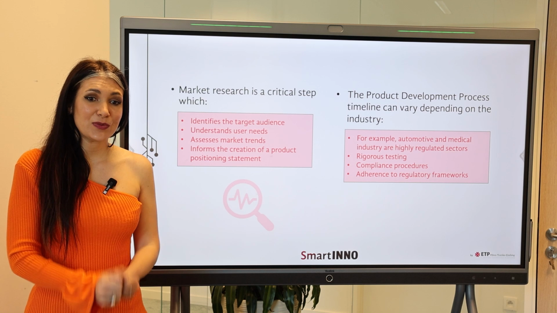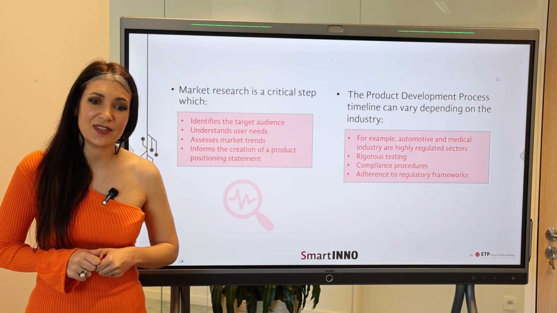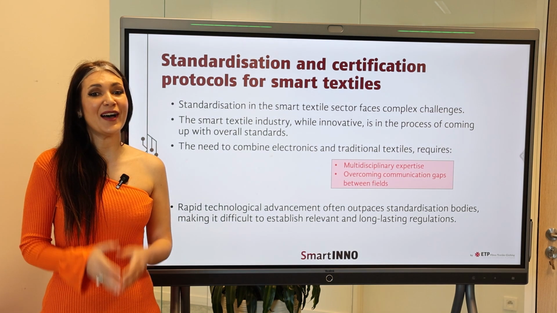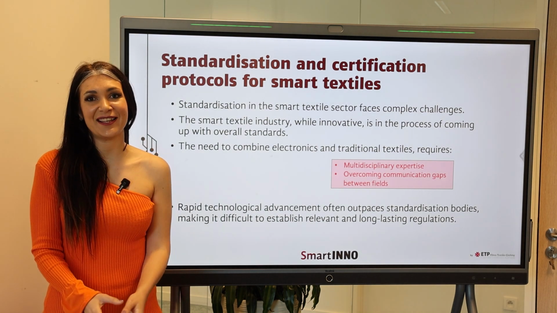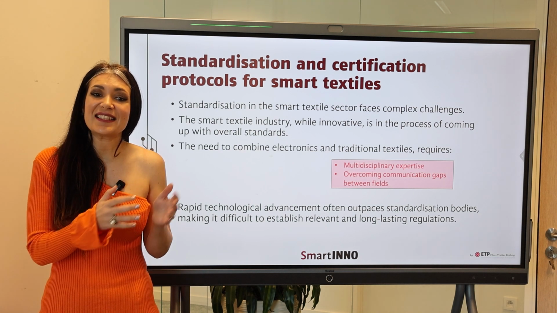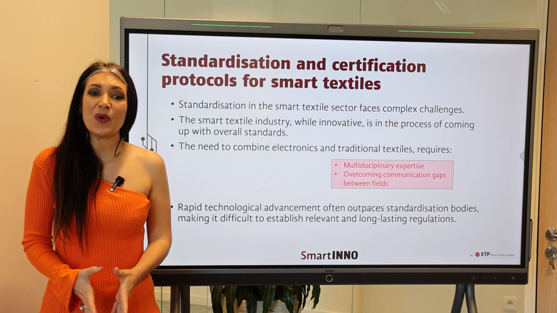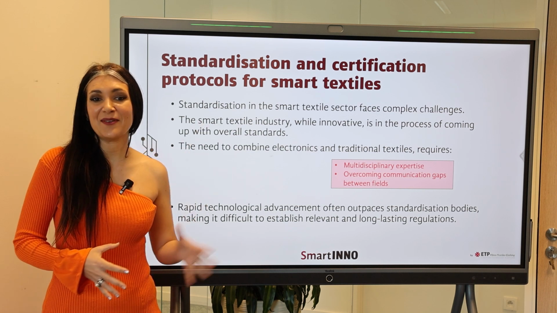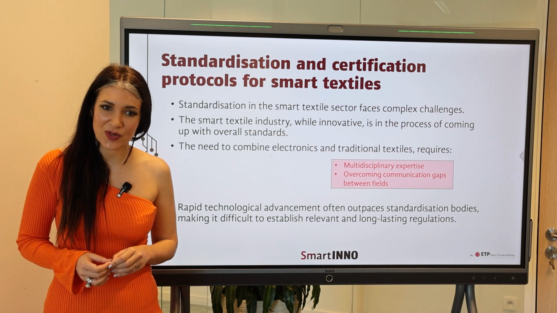Now we're going to move to the next slide, which is standardization and certification challenges. This is one of the key challenges of this industry, and one of the big bottlenecks of smart textiles today.